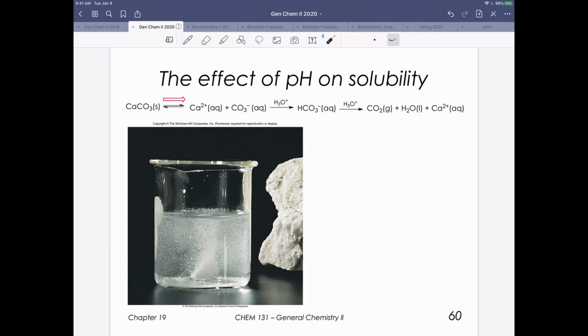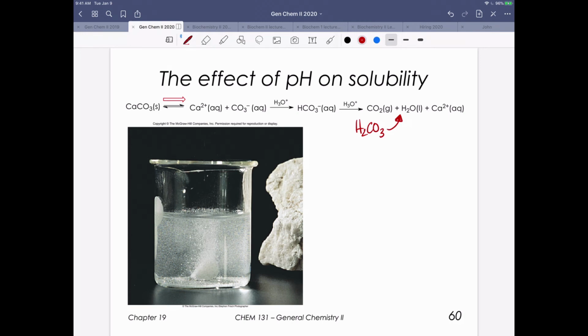You may or may not remember from Gen Chem 1, when we have HCO3- in solution and we further acidify it, we make H2CO3. And H2CO3 is carbonic acid, which can readily be converted into carbon dioxide and water.